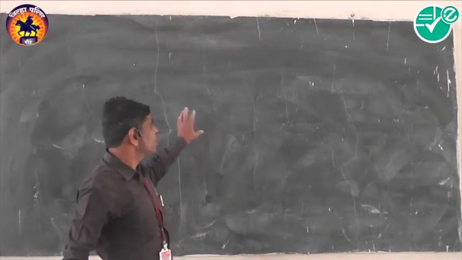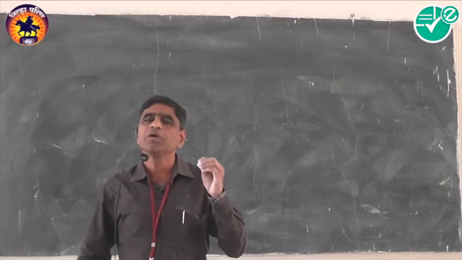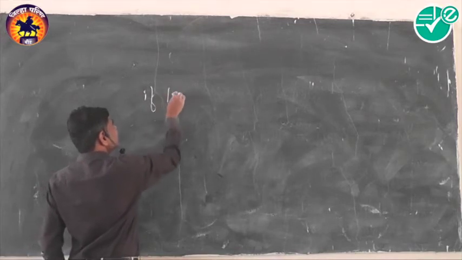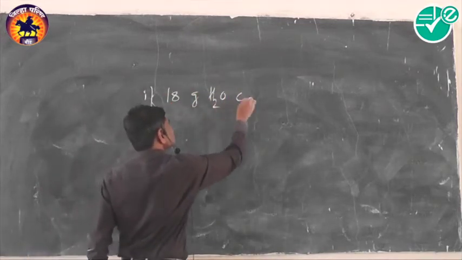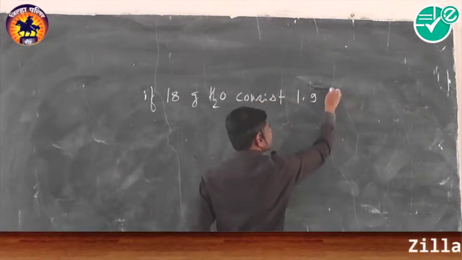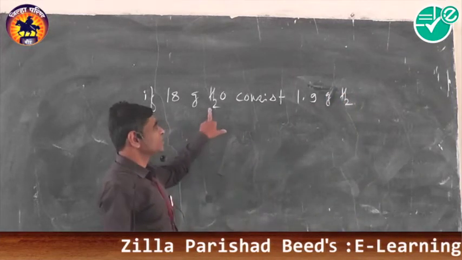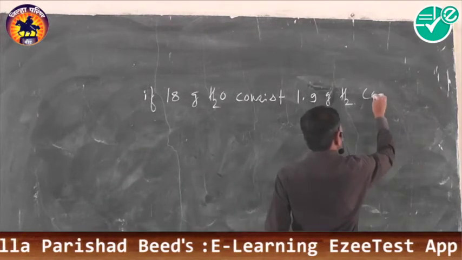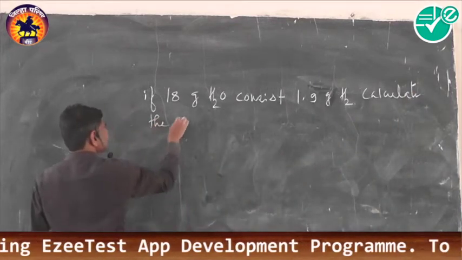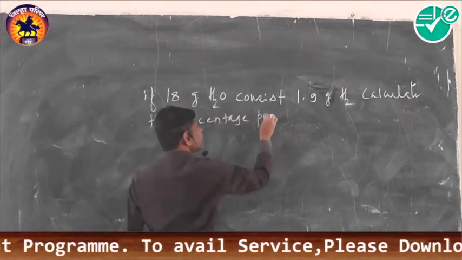But instead of 2 gram of hydrogen, suppose that sample of water consists only 1.9 gram hydrogen. If 18 gram water consists 1.9 gram hydrogen, then what is the percentage purity of water?